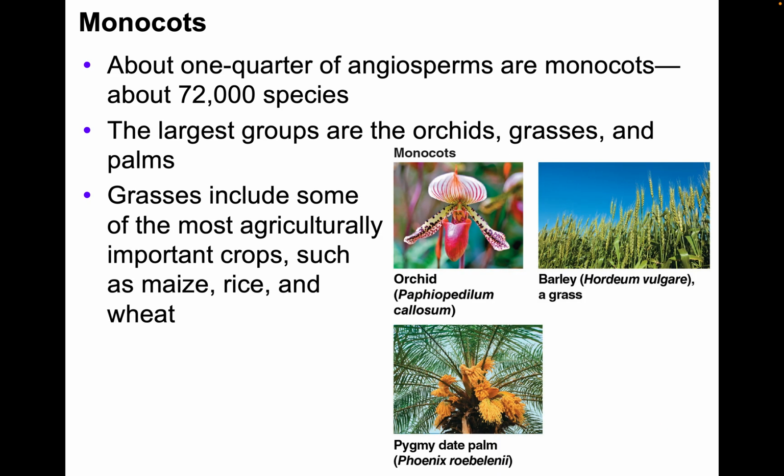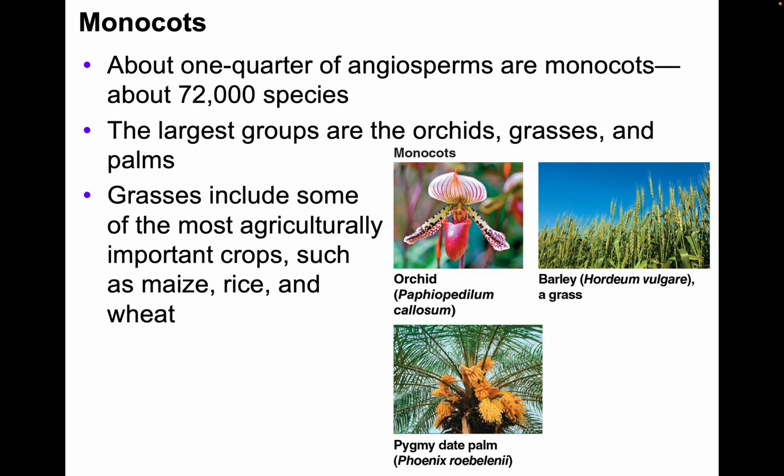Our monocots. This is about a quarter of the angiosperms. And some of the largest and most diverse groups exist as orchids. I think the orchids are the largest plant group, the most diversity.